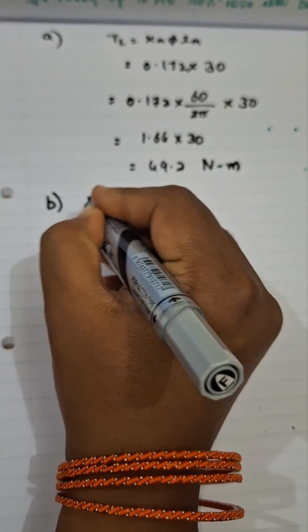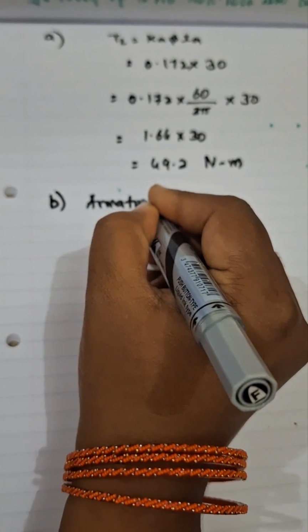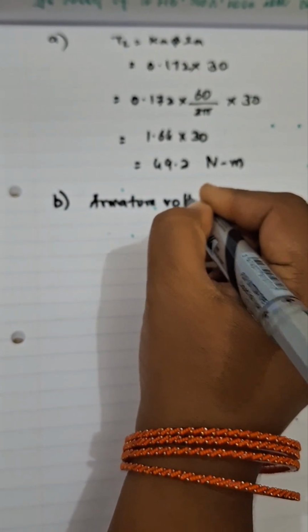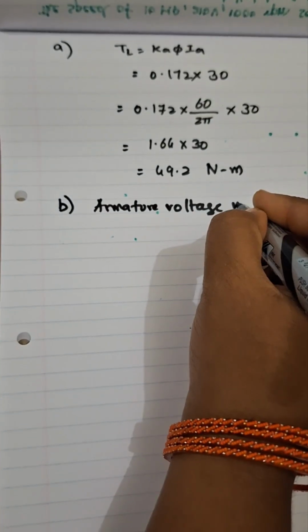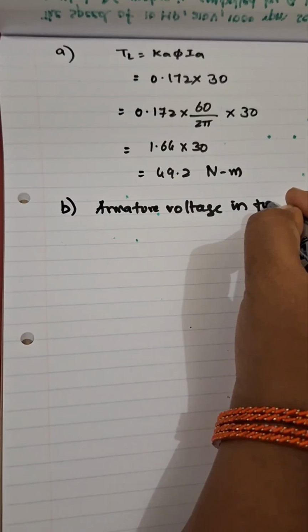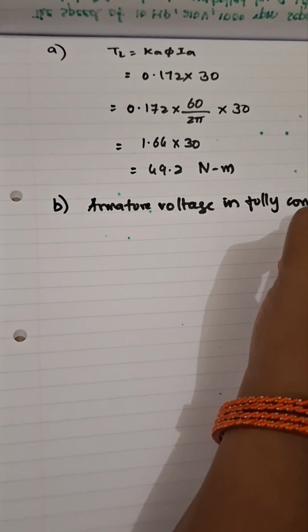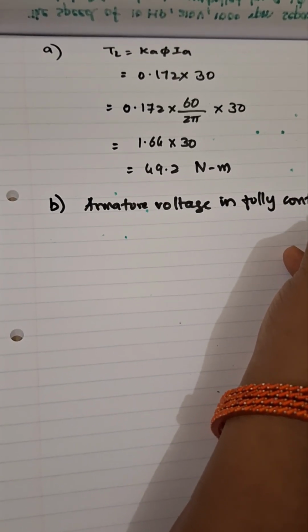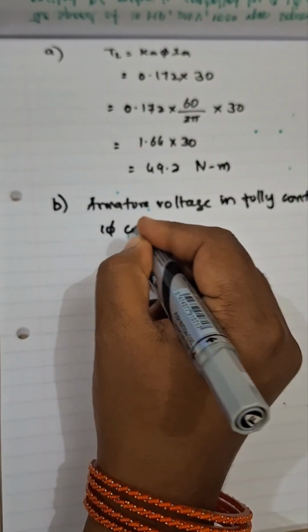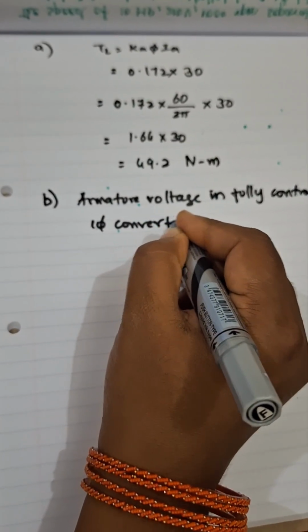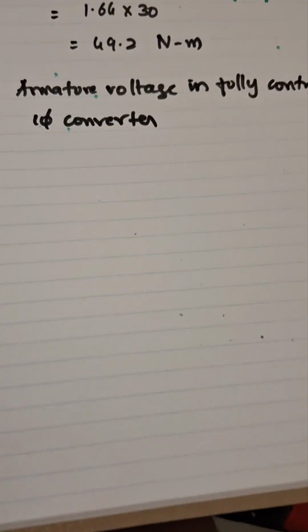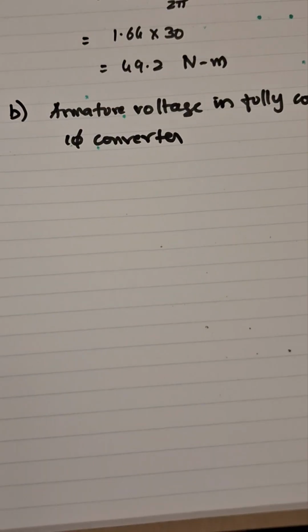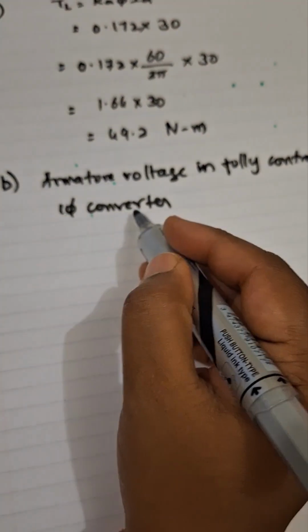Next, B. They are asking us to find the armature voltage in a fully controlled single phase converter.